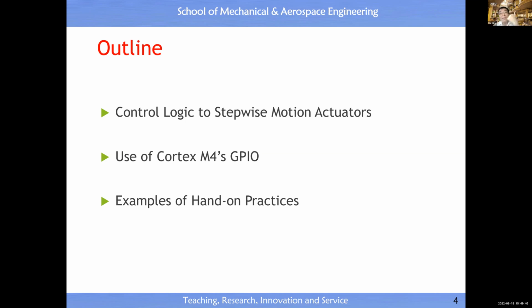We can talk about single phase, 2-phase, and 3-phase actuators. If you know how to control 1 phase, you should be able to control 2-phase or 3-phase, all right? And in lecture 2, we looked at controlling a 2-phase actuator, which is a stepwise motion actuator or motor, right? So this knowledge is equally applicable to the case of a continuous motion motor, right?